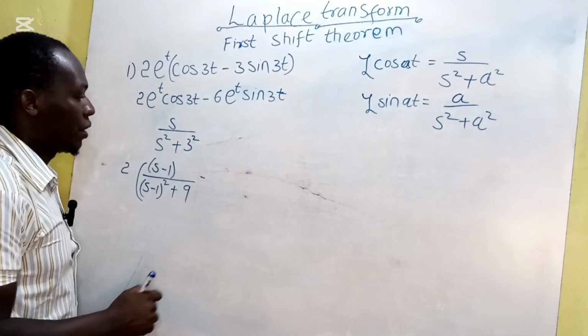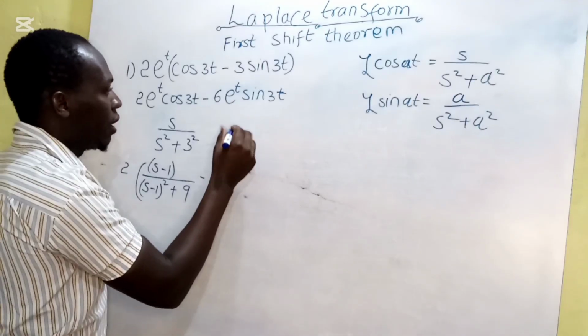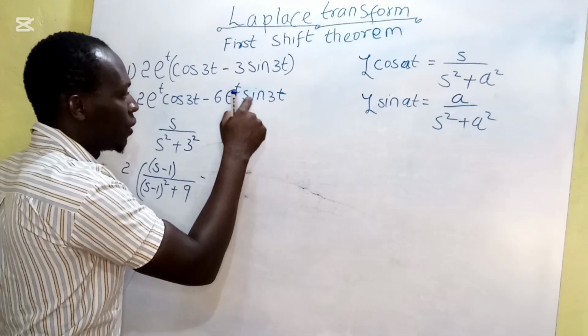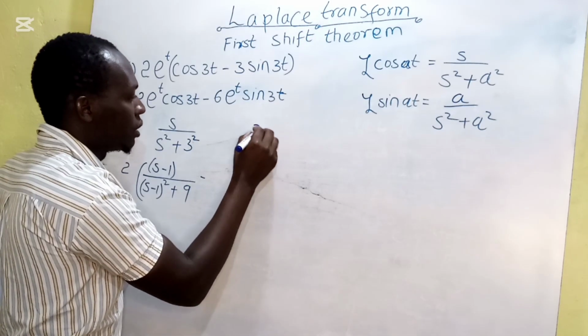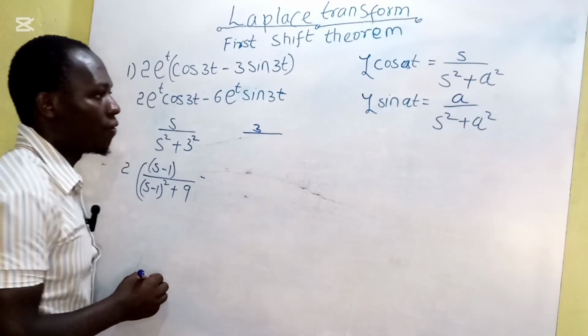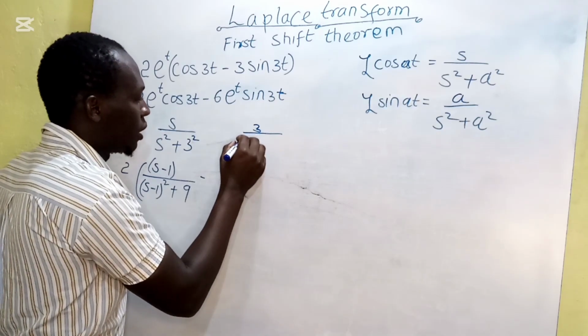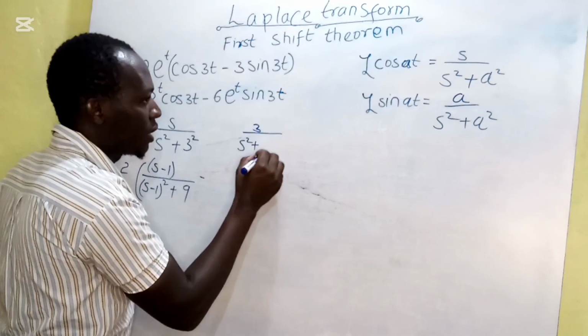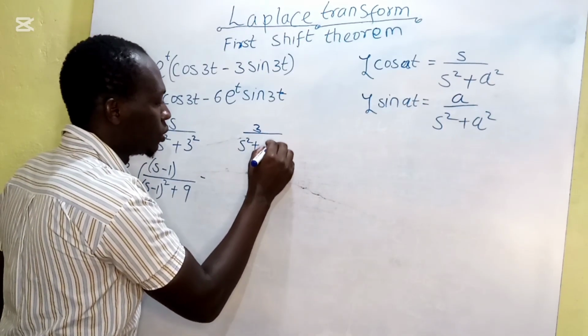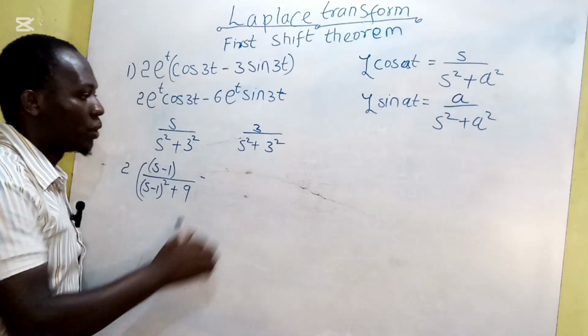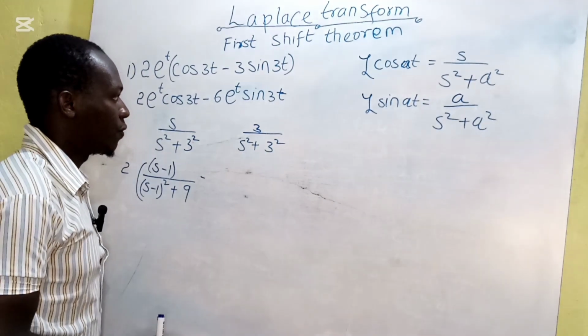Let us now come here. Our term of a will be 3 all over a squared, we come and add to 3 squared, because 3 is the term of a.